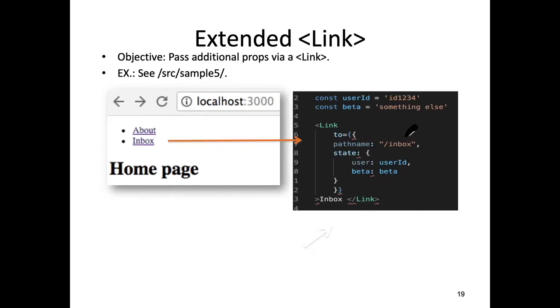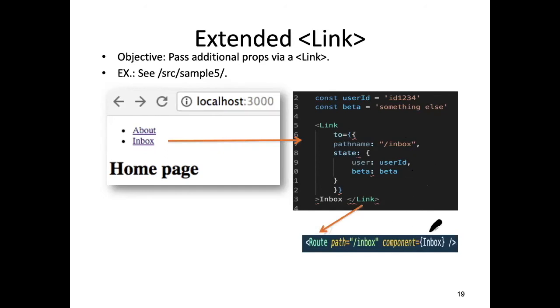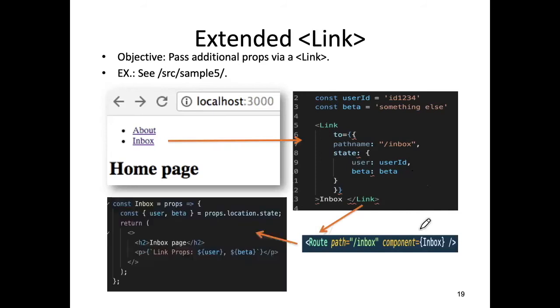In our case, in our top level routing configuration, this route entry here is going to match it. And that says you should mount the inbox component, and inside of the inbox component, this is how I get at the additional props.